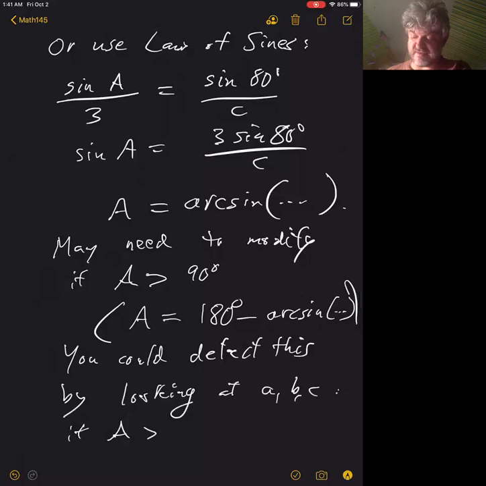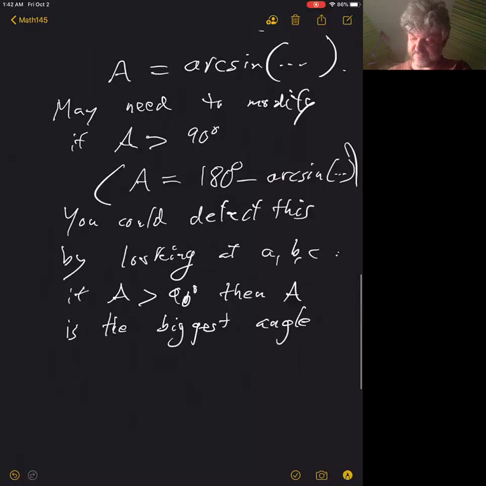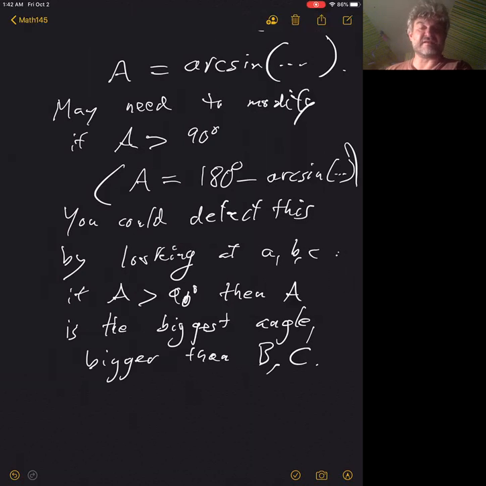If A is bigger than 90 degrees, because the angles have to add up to 180, A is the biggest angle in the triangle, bigger than B and C. Well, that's one thing that you can find out by looking at the sides.